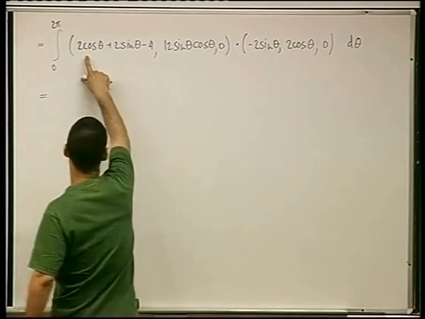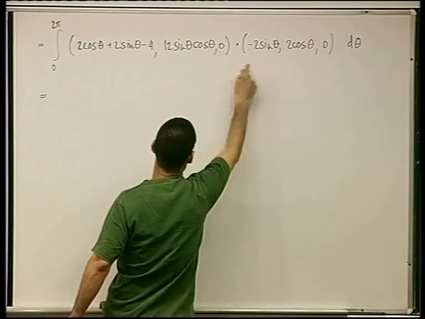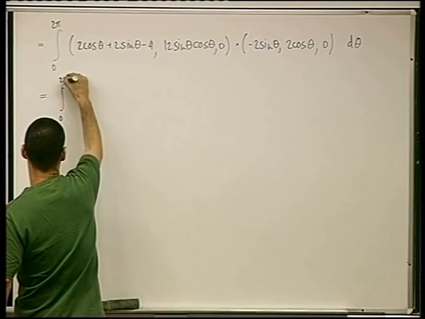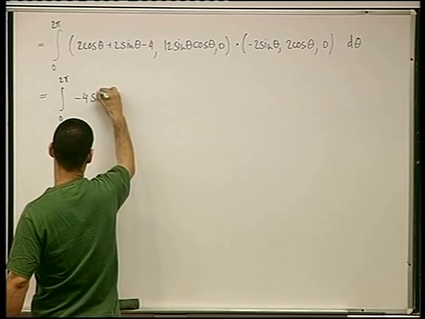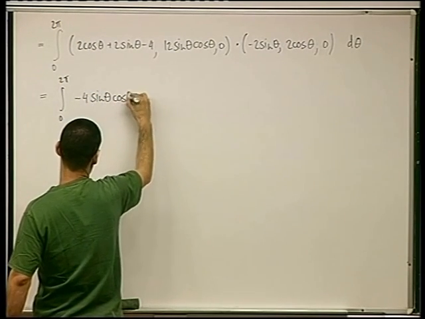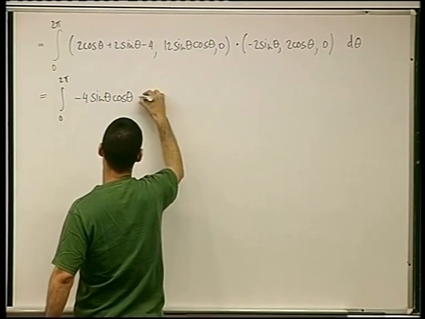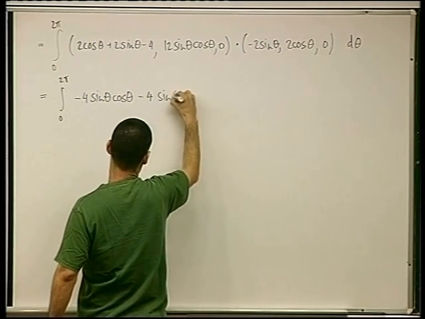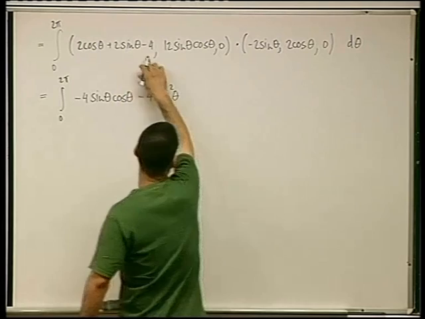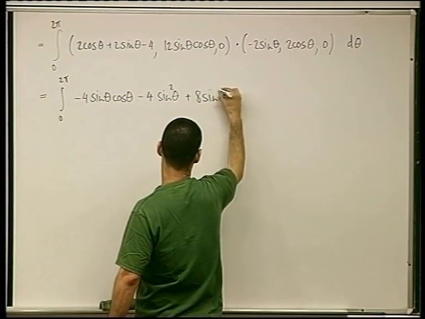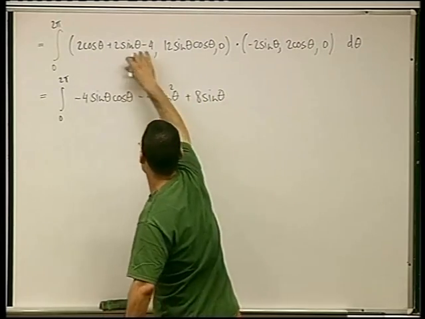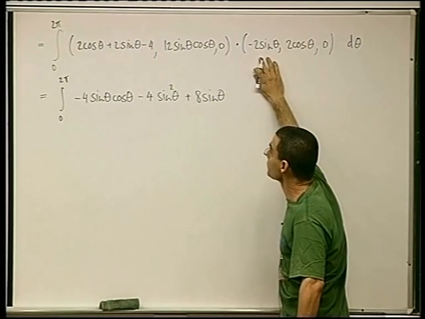So let's see what we get. We have 2 cosine theta times minus 2 sine theta, so it's minus 4 sine theta cosine theta, plus another minus 4 sine squared theta, plus 8 sine theta. That was these three terms times this.